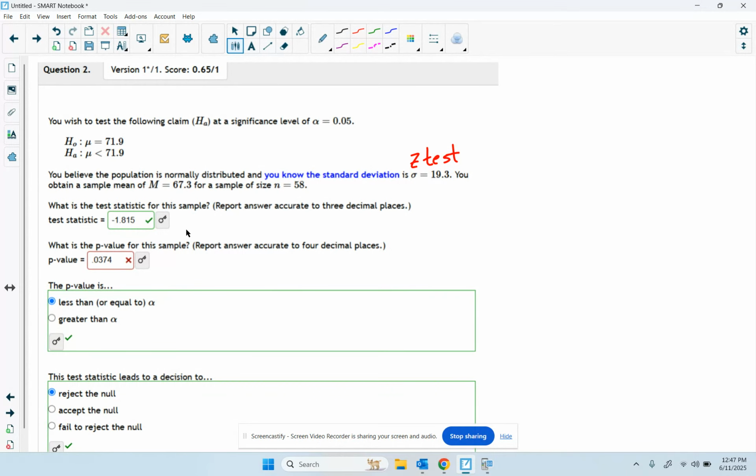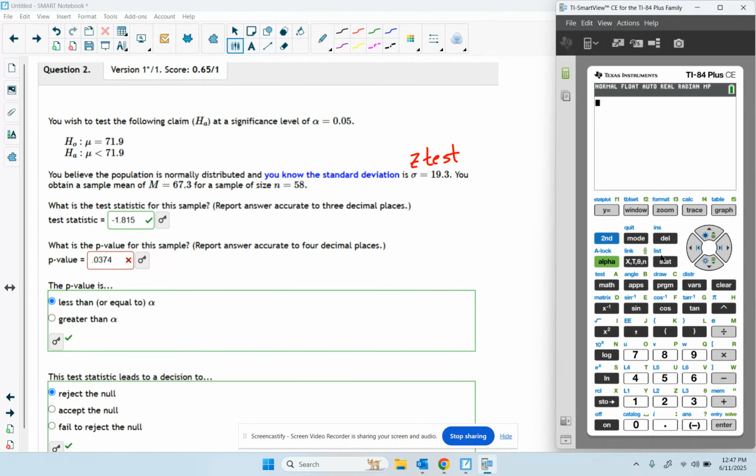We plug everything in. If I go to run the z-test, stat test, z-test, my null mean is 71.9 and my null sigma is 19.3. Oh, I don't want to do data, I want to go up and do stats. 71.9, 19.3. My sample mean is 67.3, and I have a sample size of 58.